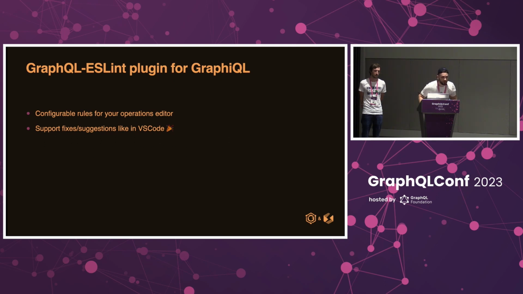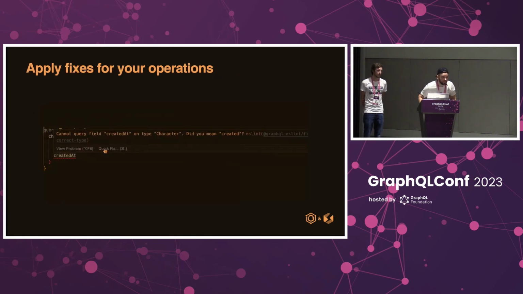With Monaco editor, you can already do it thanks to Monaco GraphQL. But the main disadvantage of Monaco GraphQL is that you can't apply fixes. And with integrated GraphQL ESLint, you could do it like in your VS Code.